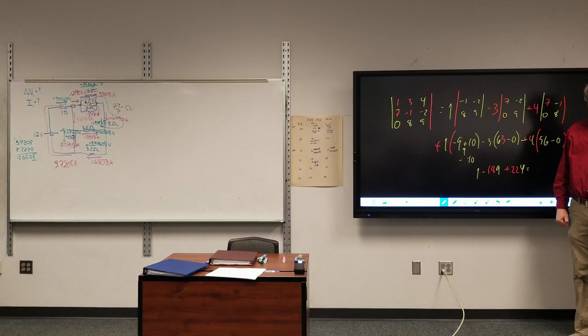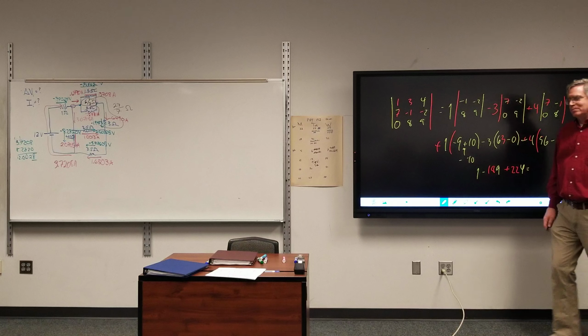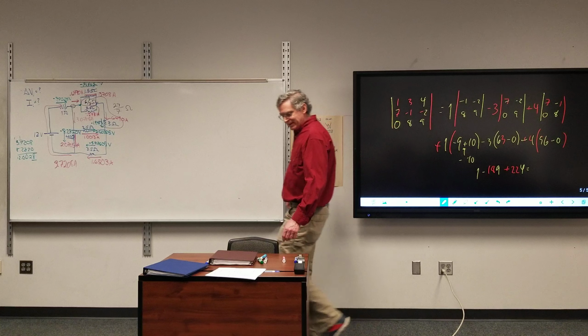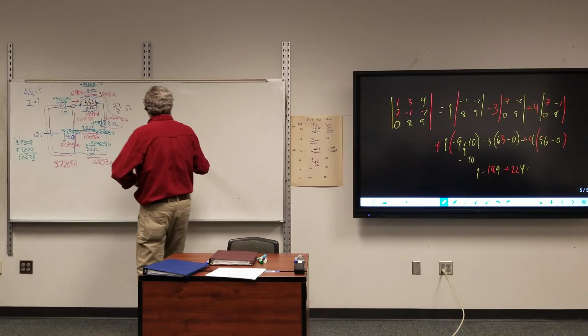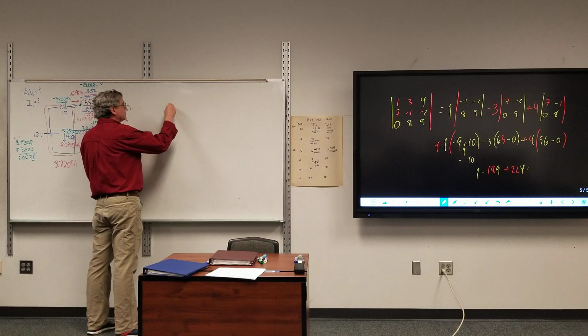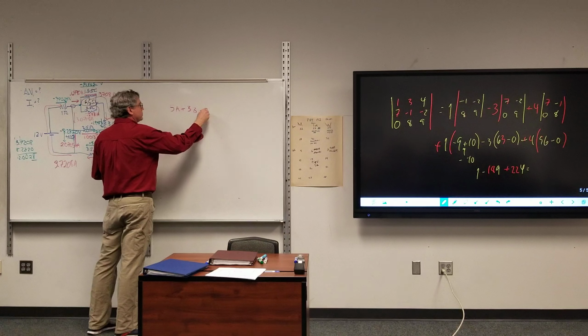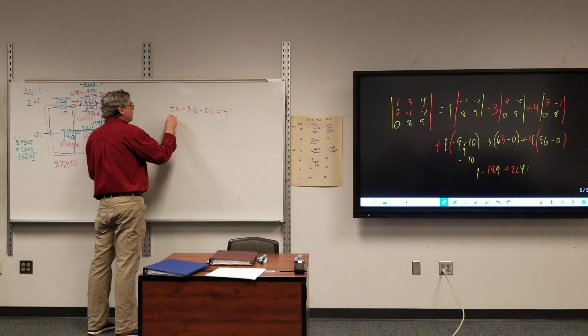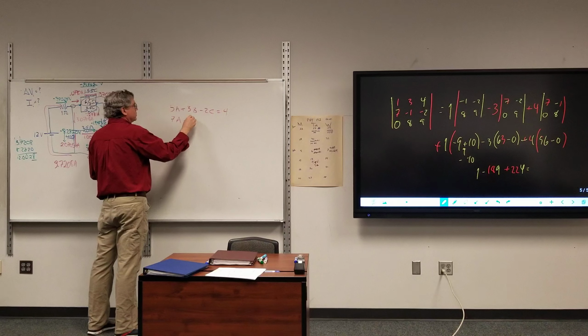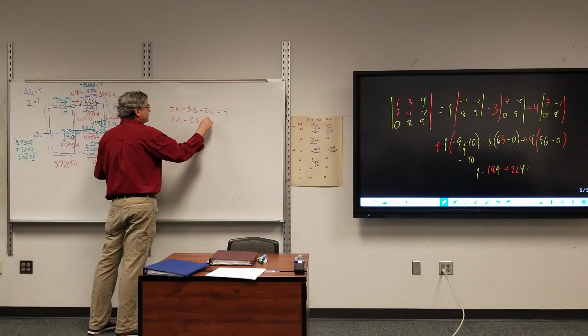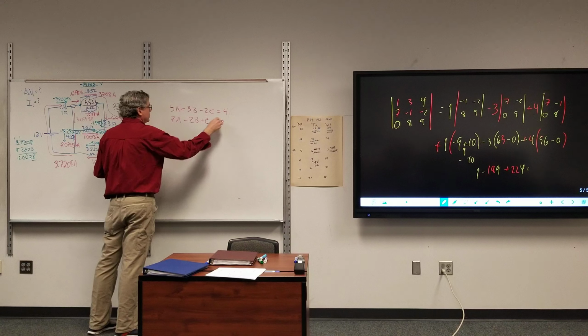How do we do this in terms of equations? If I have 3 equations, 3 unknowns: 5a plus 3b minus 2c equals 4. 7a minus 2b plus c equals 8.